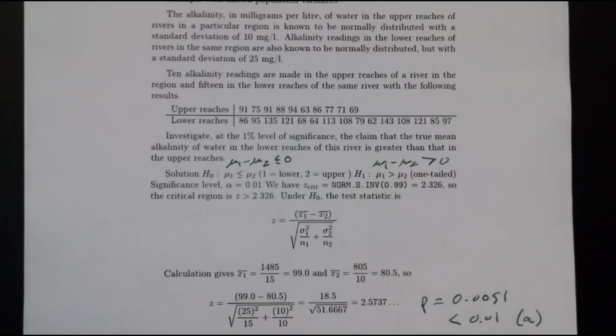Is that a huge difference? 19 milligrams per liter? Now we need to go talk to chemists and figure out if this means something. It's statistically significant, but I don't know enough chemistry to be able to say if it's practical. Questions?